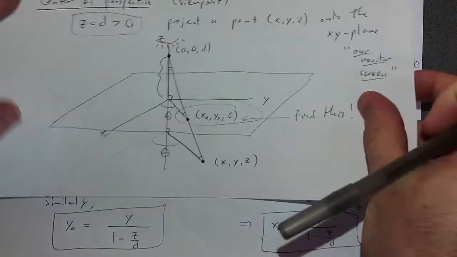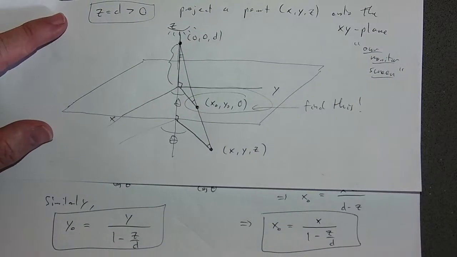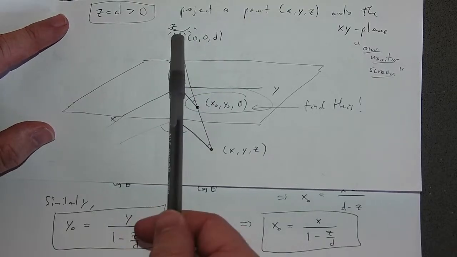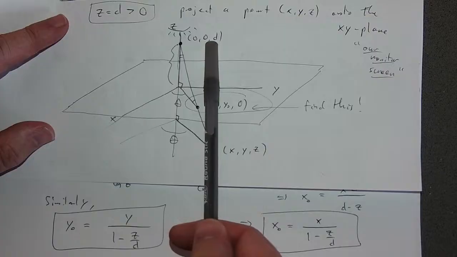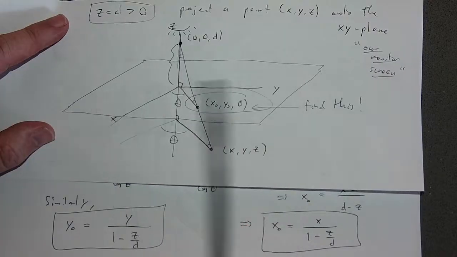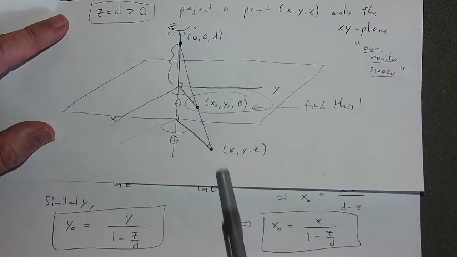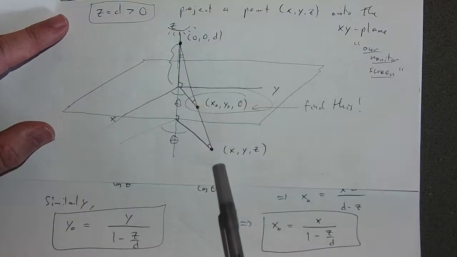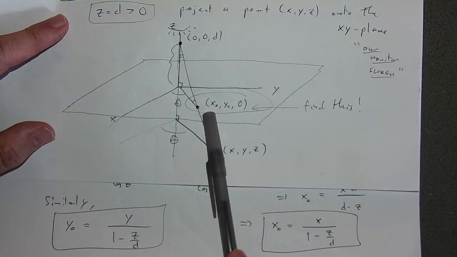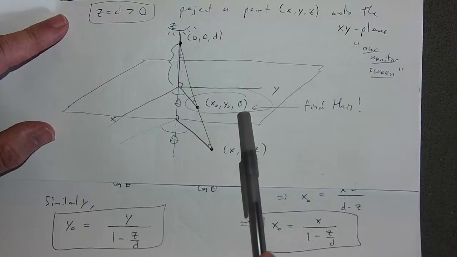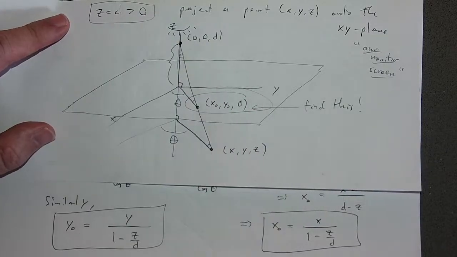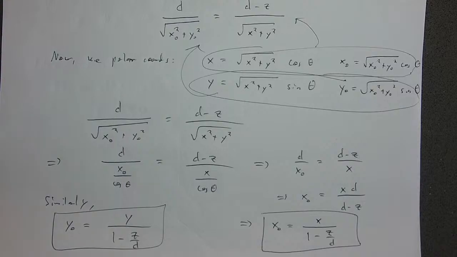So again, just to remember what we're doing. We know what our view distance is, right? Our eyeball is distance d from our screen. If I have a point here in space that I'm trying to project onto the screen, my point xyz, the point on the screen is x naught, y naught, 0. I want to find this in terms of x, y, z, and d, ideally, and that's exactly what I have done.